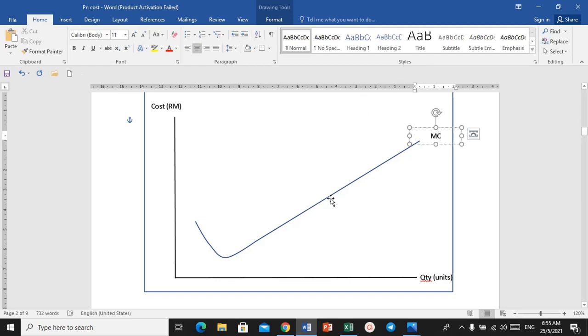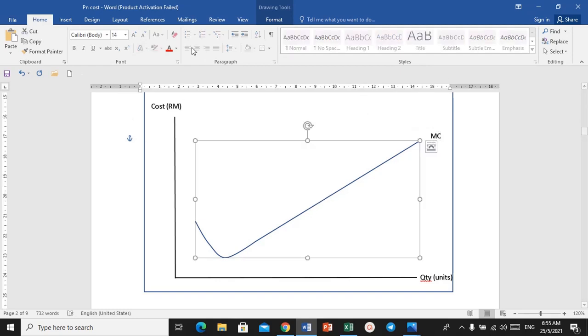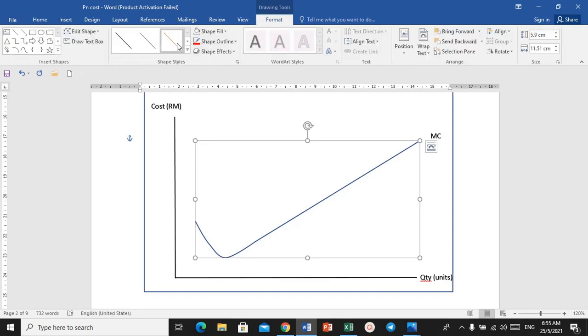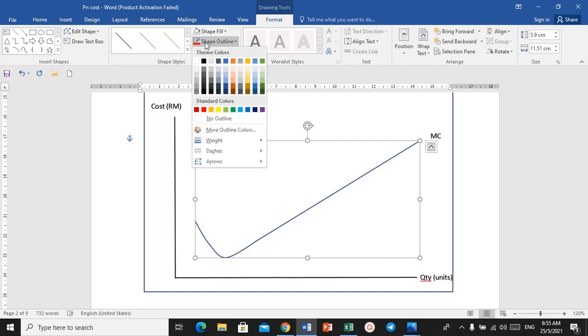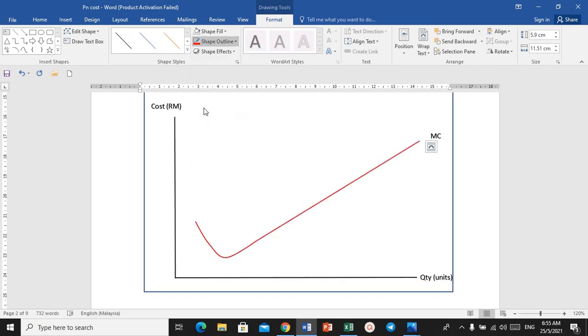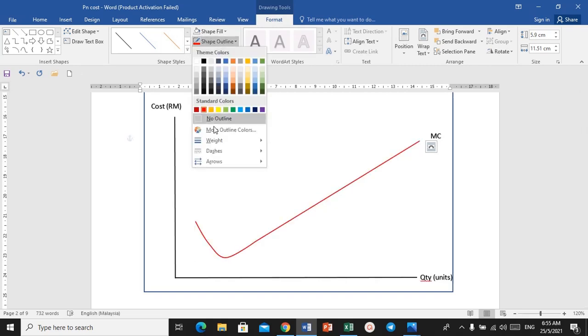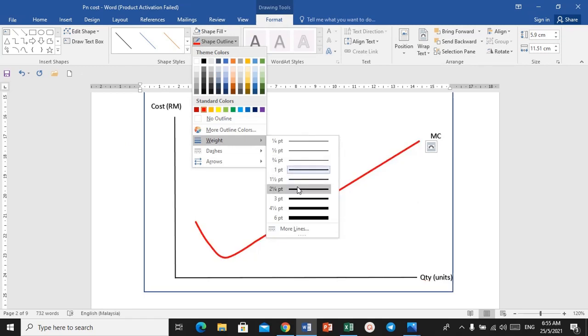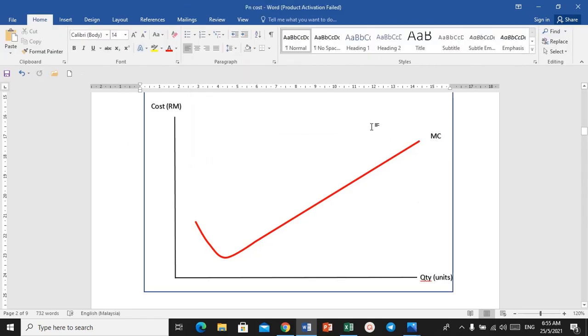Since it is so important, I'm going to color this red. Big red tick for the marginal cost curve.